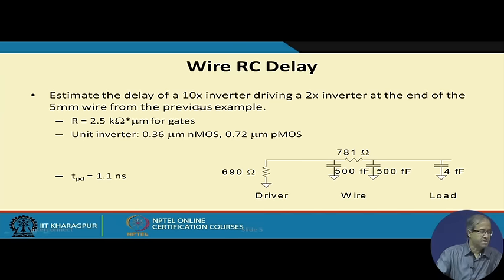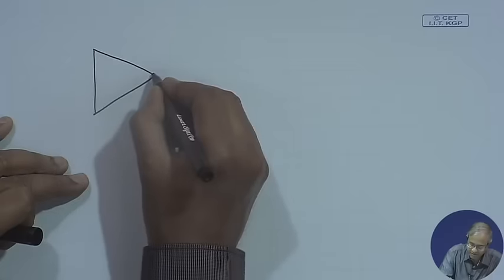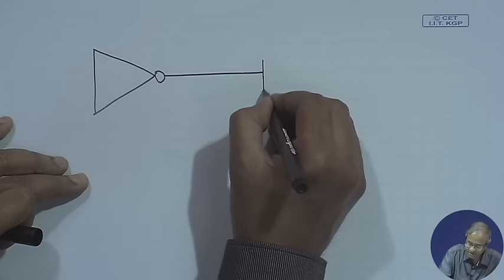Next, let us look at a way of estimating the RC delay of a wire. Let us take an example: a 10x inverter driving a 2x inverter, meaning a large inverter which is driving a small inverter.